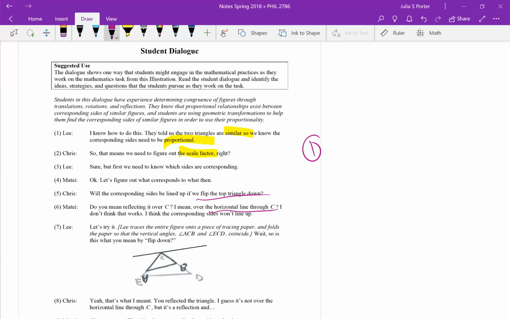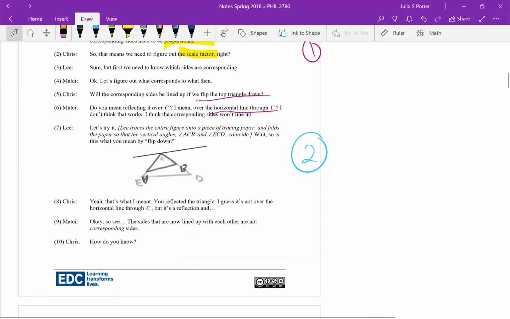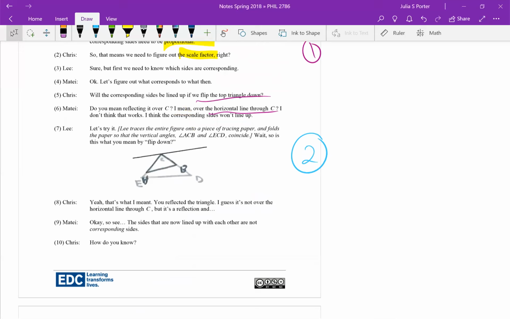So then they go on to step number 2, and they try to come at it a different way. In this portion, they reflect it over the line through point C, in which segment AC is a part of the larger segment AE, as represented right here.